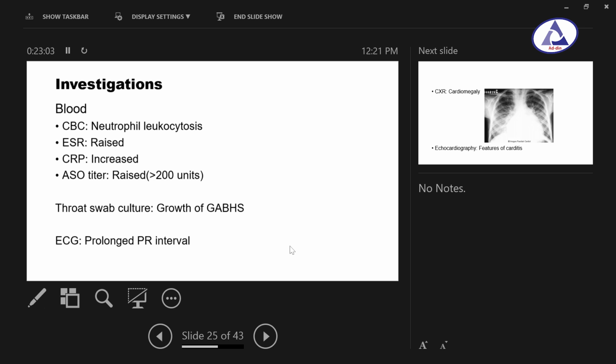In blood, the complete blood count shows neutrophilic leukocytosis, ESR is raised, CRP is raised, and ASO titer, the anti-streptolysin titer, is raised to more than 200 units. Throat culture shows hemolytic streptococcus, and ECG shows a prolonged PR interval. Also, X-ray shows cardiomegaly.